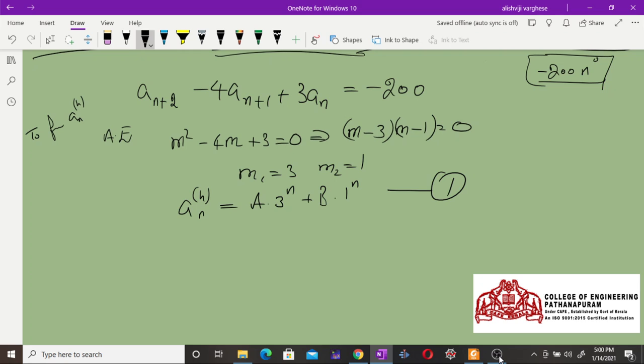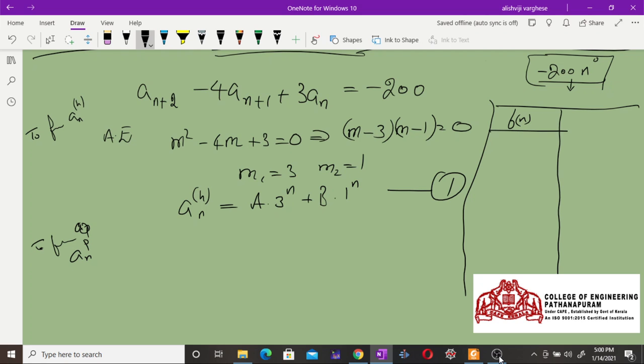And to find the particular solution an p, we use a trial solution, and the trial solution depends on the nature of f of n. So there is a method corresponding to different values of f of n. We use different types of trial solution.